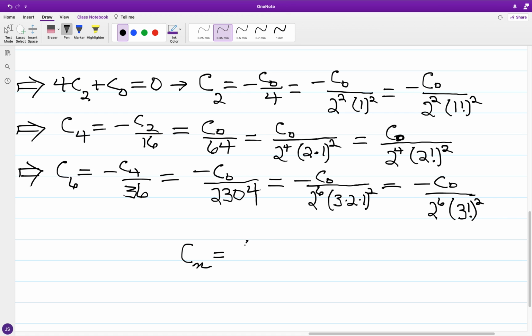So let's say you have negative 1 to the n over 2, c naught, and again with the layout, you've got 2 to the n, and n over 2 factorial.